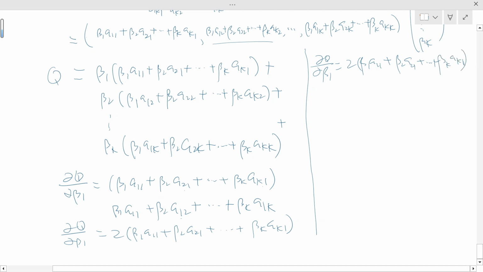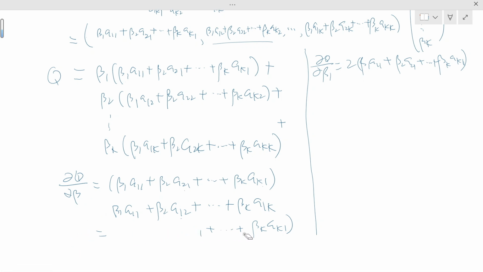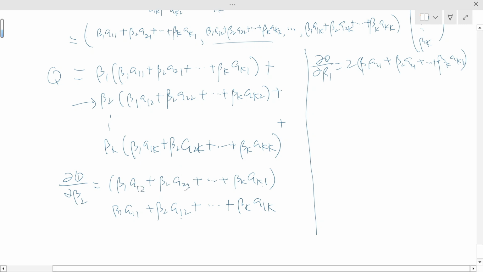Okay, now let's work out beta 2. Let's check the second terms here. Because we are differentiating with respect to beta 2, there's a beta 2 here, so we get beta 1 A12, beta 2 A22, and so on and so forth until beta k AK2.